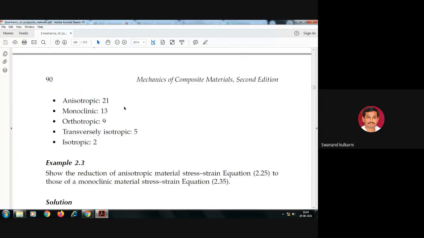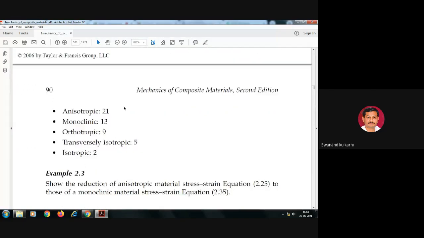Is it okay? Then as a summary of that, if we try to identify how many independent elastic constants are required and for which category of material, then we will come to know that for anisotropic material, 21 independent elastic constants are required. Is it okay? For monoclinic material, 13 independent elastic constants are required.